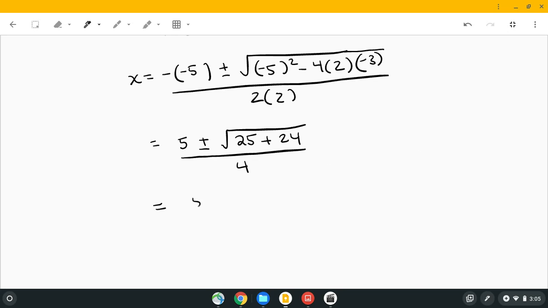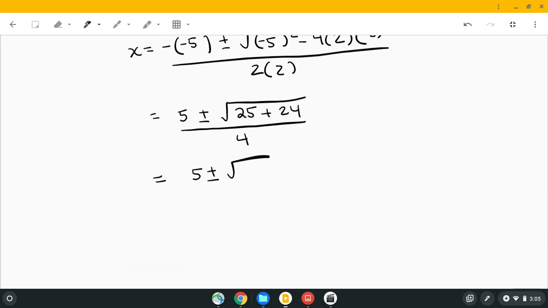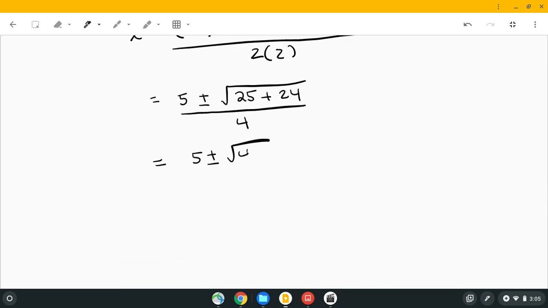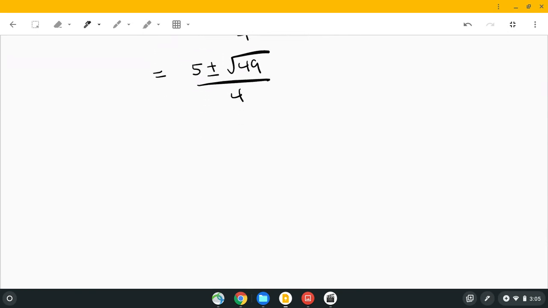Okay, so here 5 plus minus square root, and that is 49 all over 4. But the square root of 49 is 7. So we get 5 plus or minus 7 all divided by 4. Okay, so let's not leave our answer like this, because we can add 5 plus 7 and we can subtract 5 minus 7.